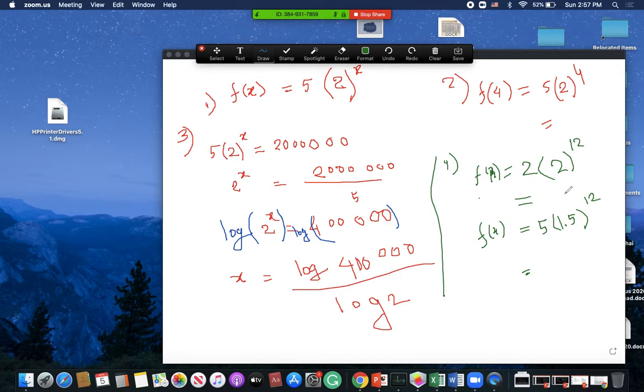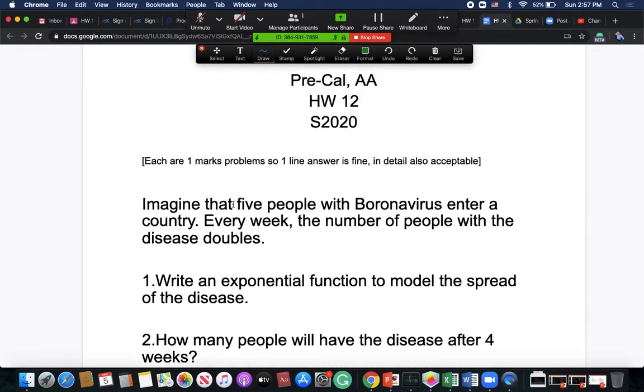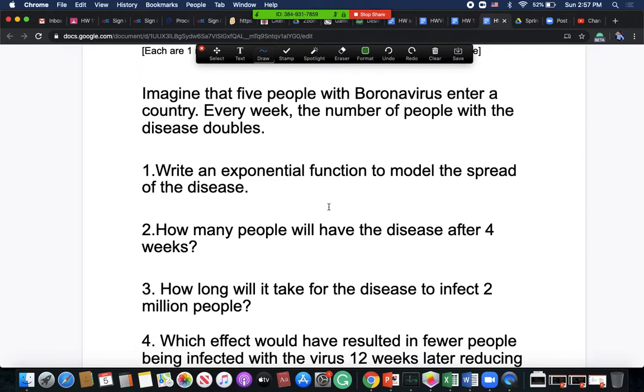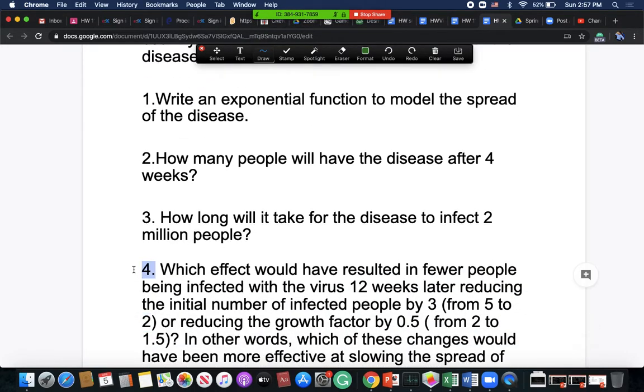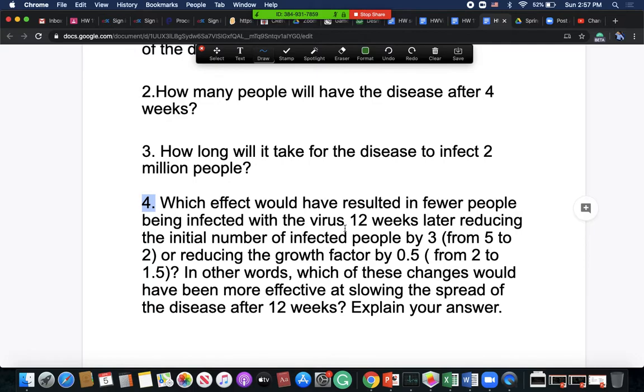So you can actually talk both ways. This is how we solve the first part of this homework 12. Once again I repeat, this part is mostly analysis: how can we reduce the number of infected people, which setup is better, which setup do we control to get fewer infected people.